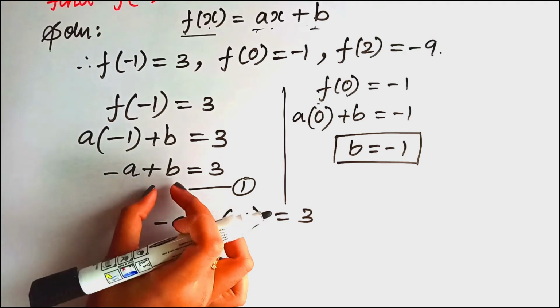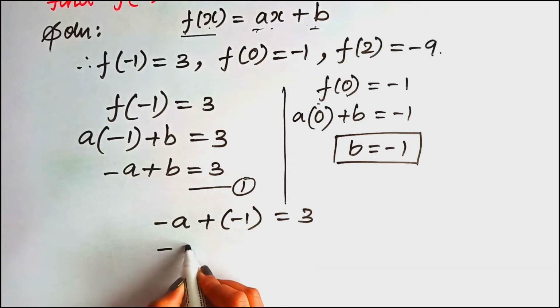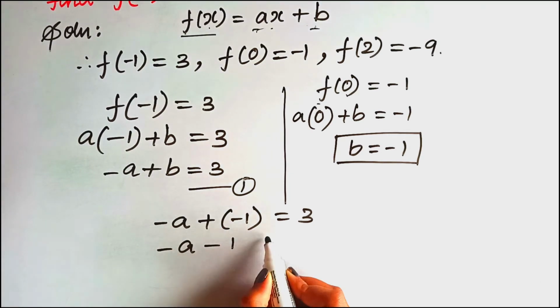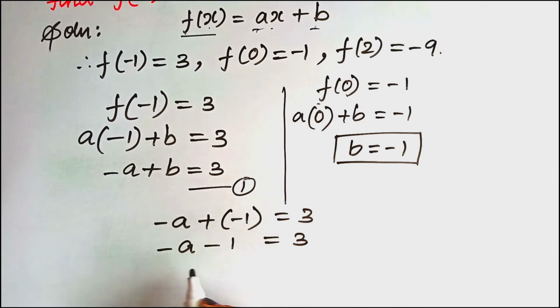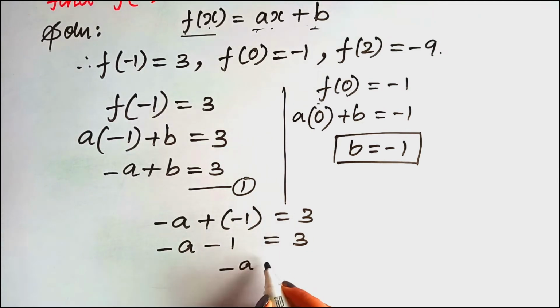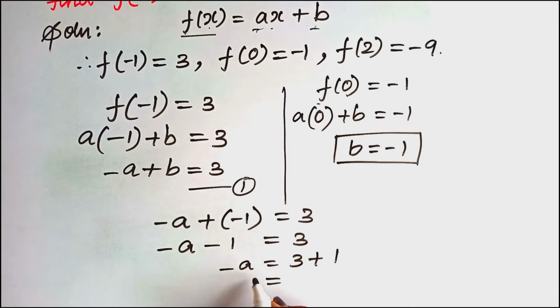So we are substituting the b value, which is -1, and now let's solve this. Plus into minus gives -1, so -a - 1 = 3. Let's take this -1 to the right hand side so that you'll get -a = 3 + 1, and our answer will be -a = 4.